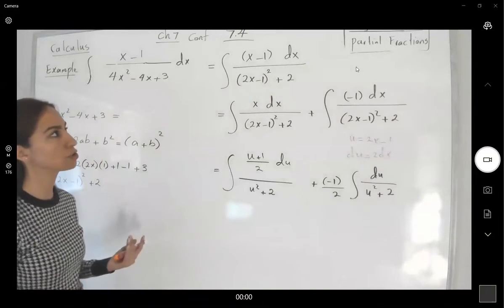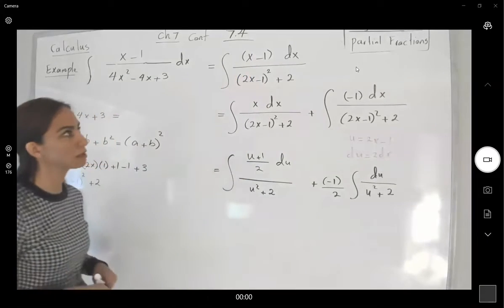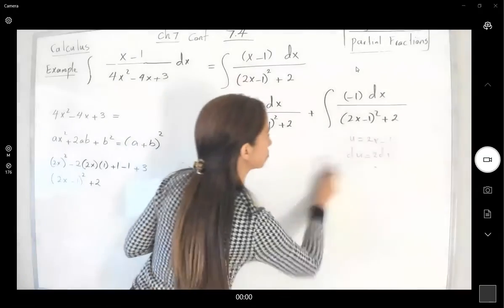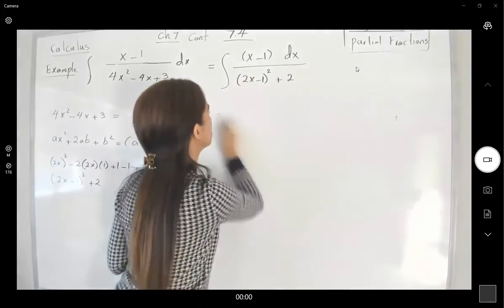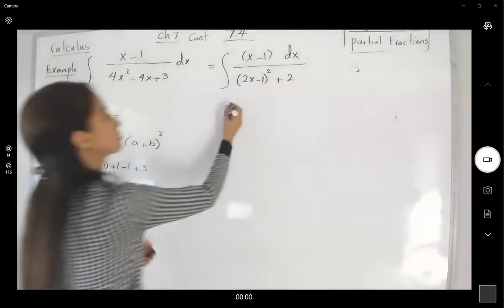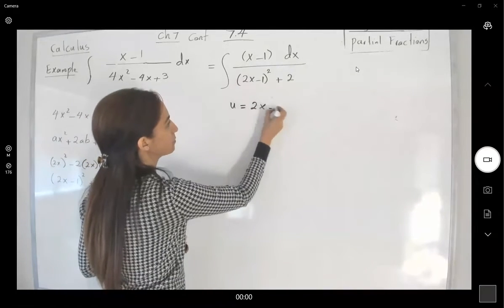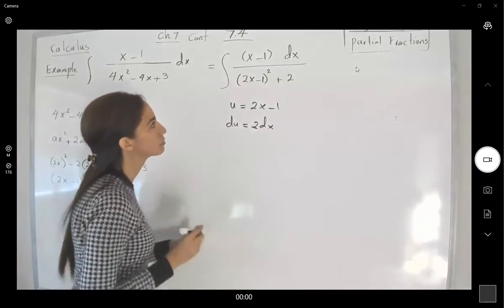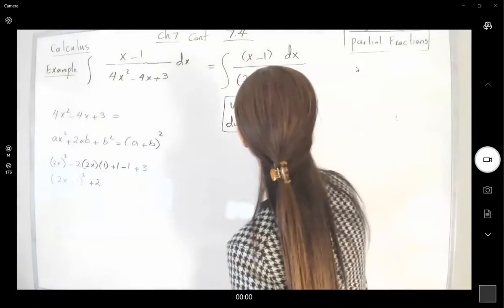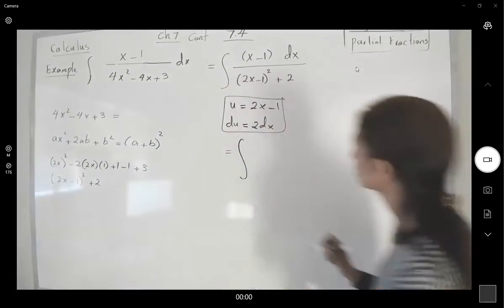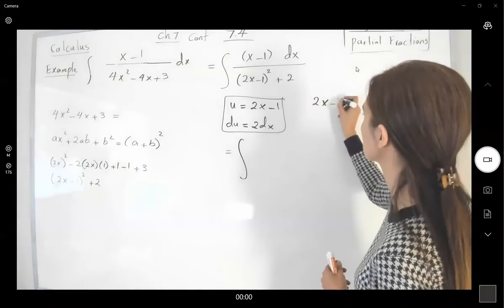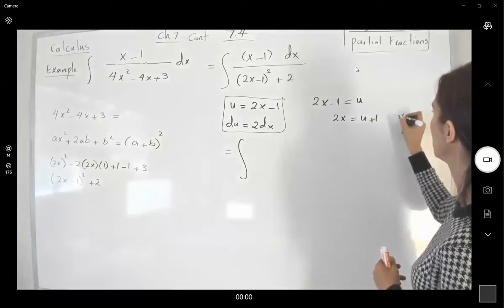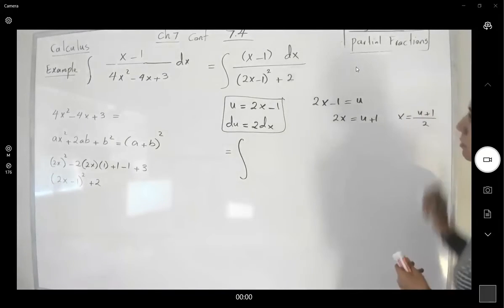Instead of separating these two, we could just start from the beginning and use that. Here 2x minus 1 equals u, so 2x is u plus 1, so x is u plus 1 divided by 2.